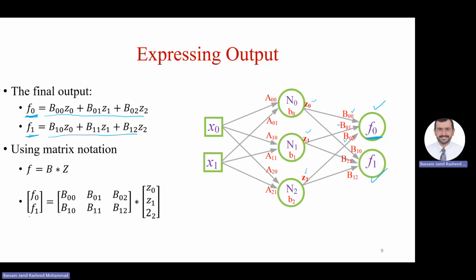We can express this in terms of an equation: the F vector equals the B matrix times the Z vector, which can be expressed right here in simple format. So now I have expressed evaluating the Z's and these output nodes in simple matrix forms.